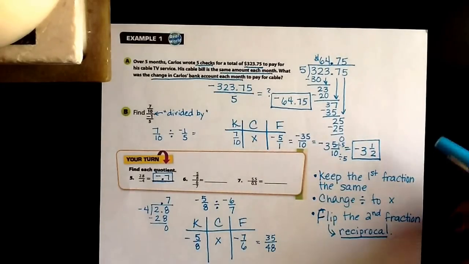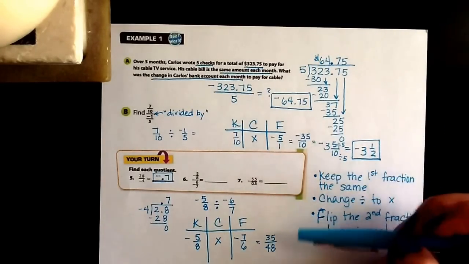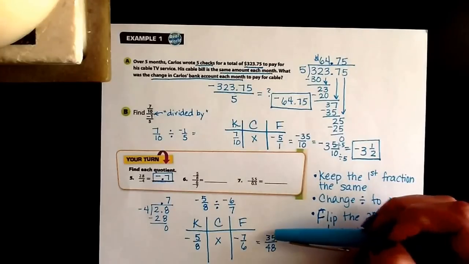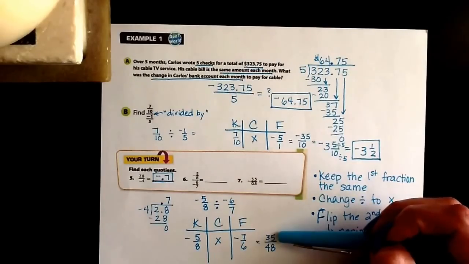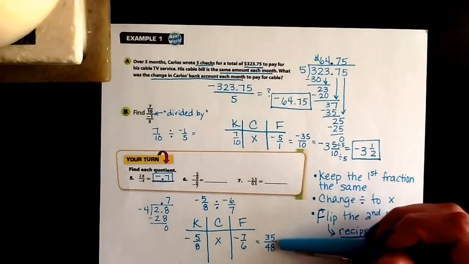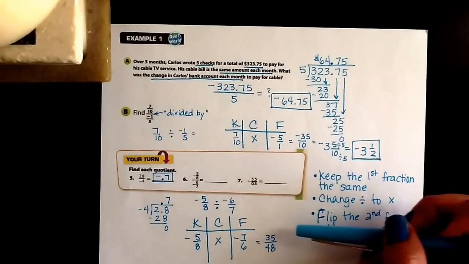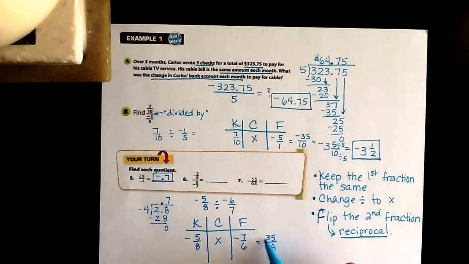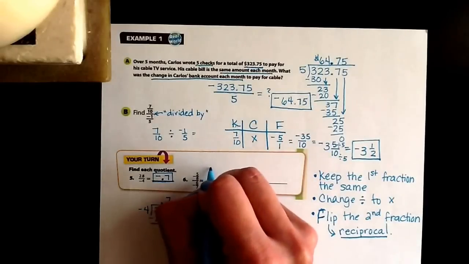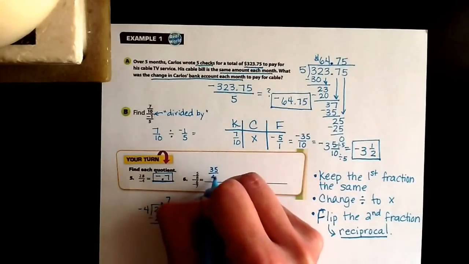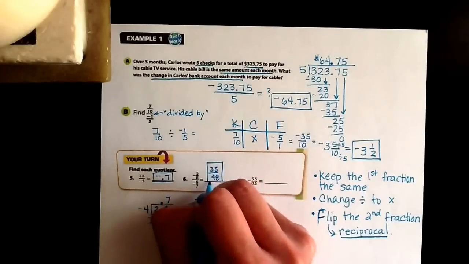And I'm finished because if you look at 35, the only factors of 35 are 1, 5, 7, and 35, and none of those factors share 48, or 48 doesn't share any of those factors in common. So this is in simplest form. 35/48 would be my answer. Box your answer.